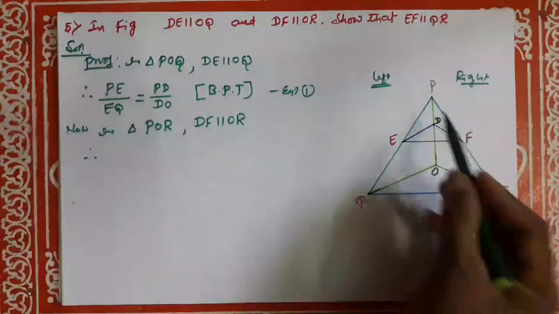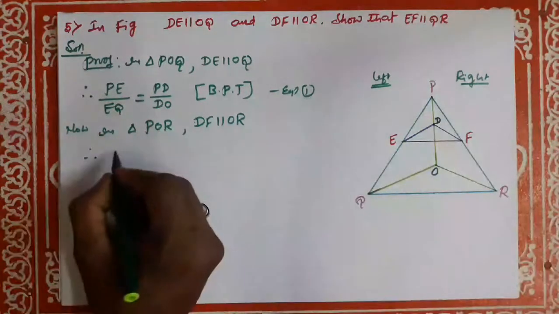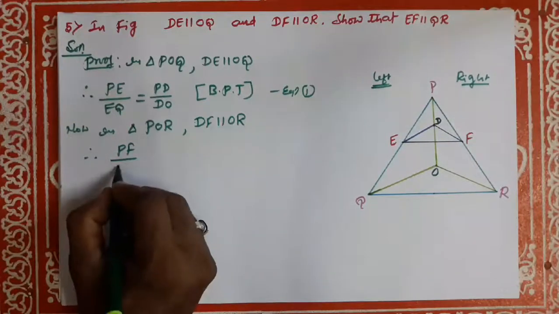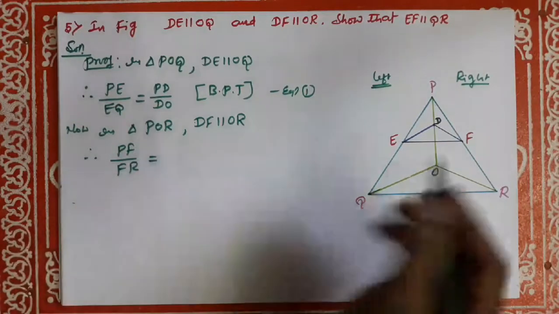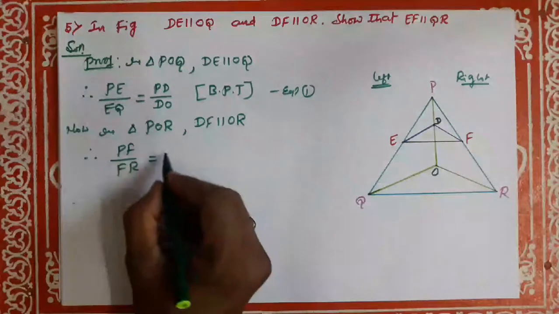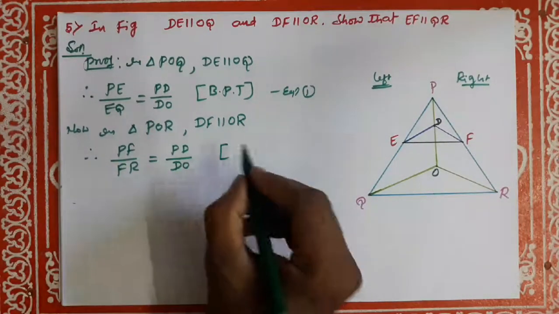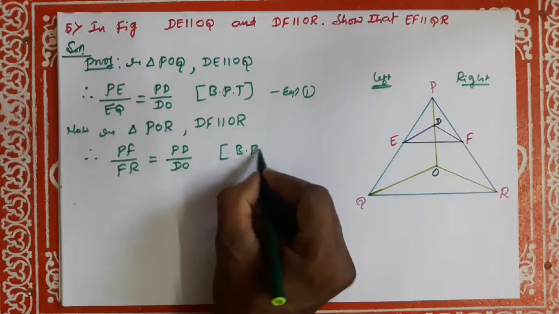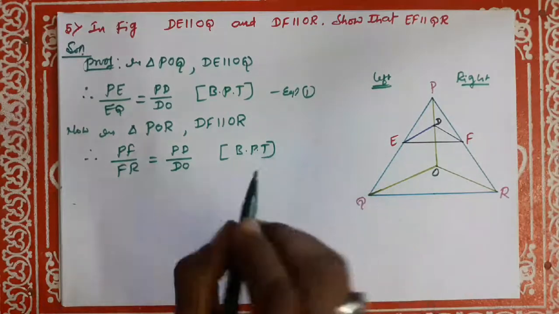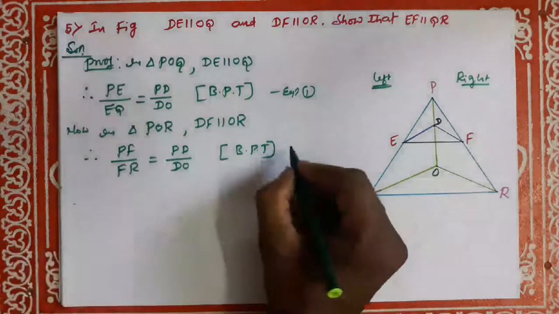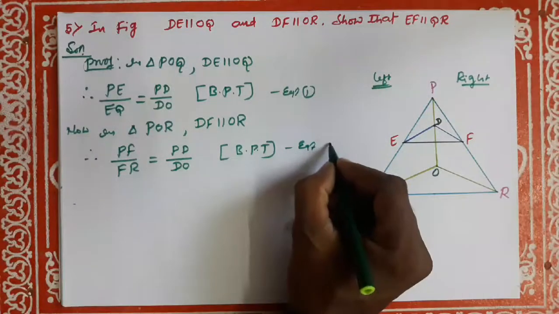Therefore, PF by FR is equal to PD by DO. By the basic proportionality theorem we obtain this. This is equation 2.